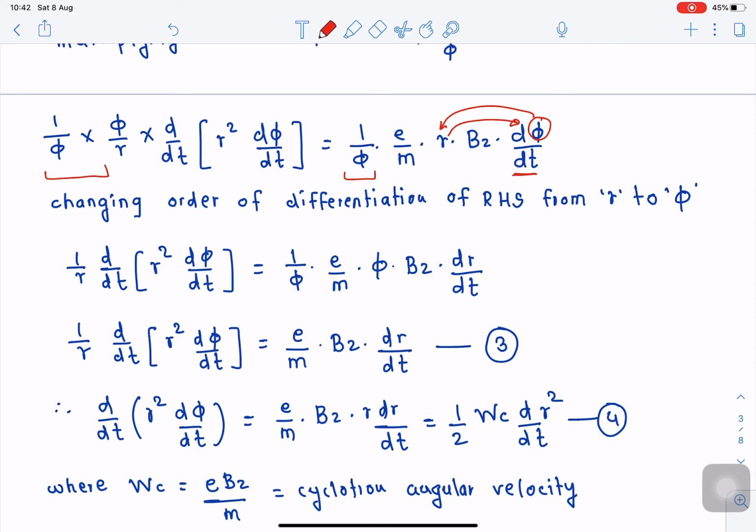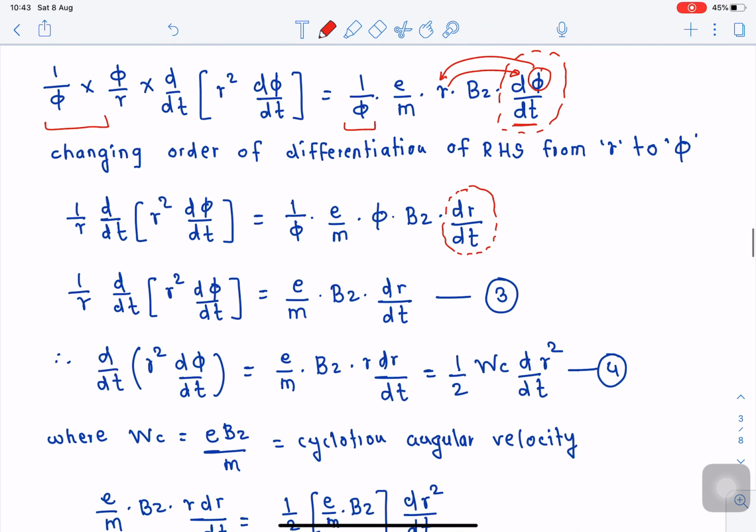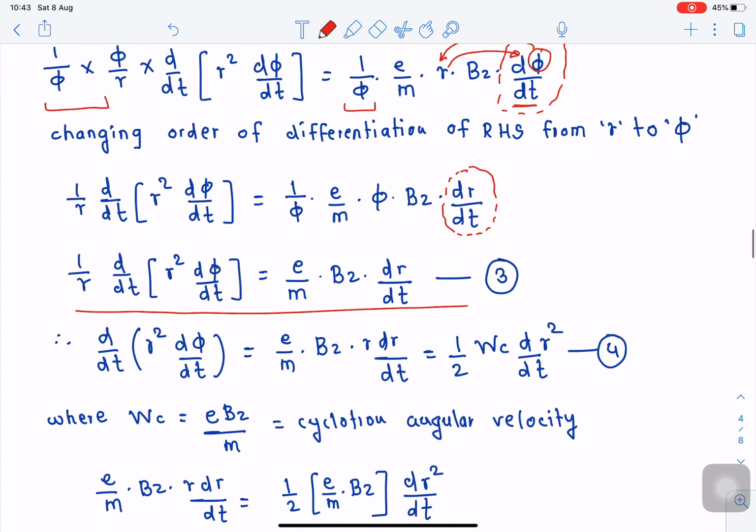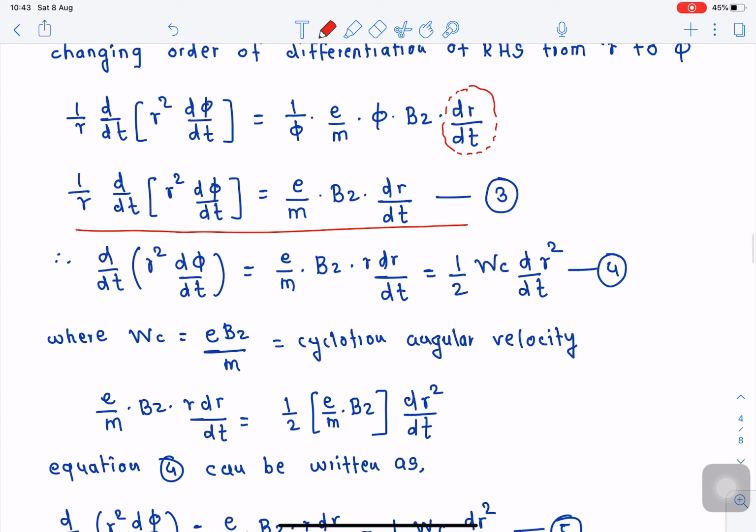So we are changing the order of differentiation, removing phi and placing r in its place. So the d phi by dt term we can write as dr by dt by changing the order of differentiation. After rearranging the terms, we get equation number 3. Then rearranging the terms on the left hand side, finally we get equation number 4.